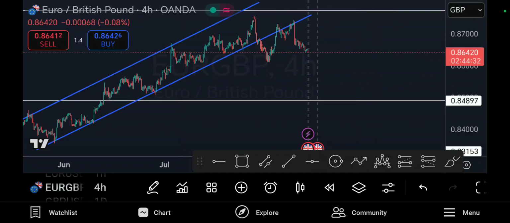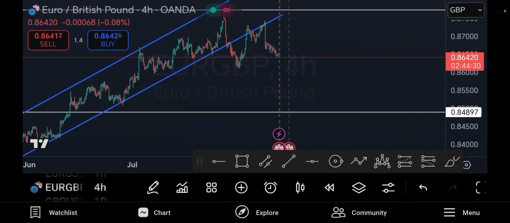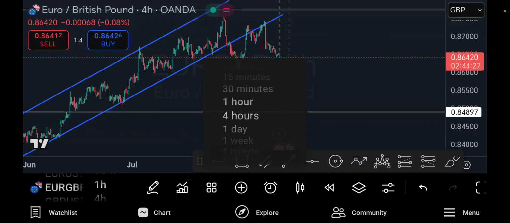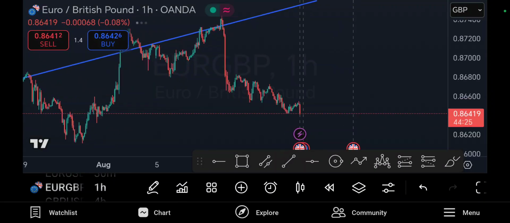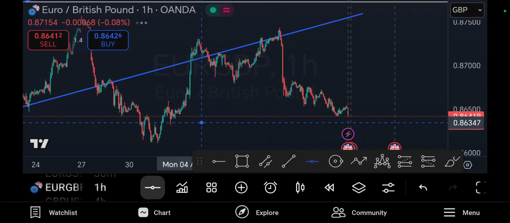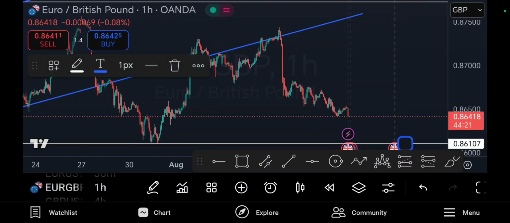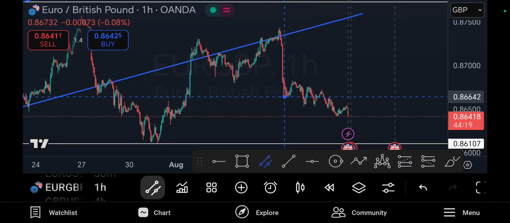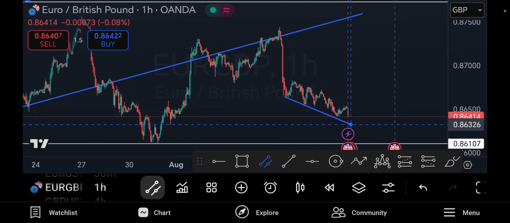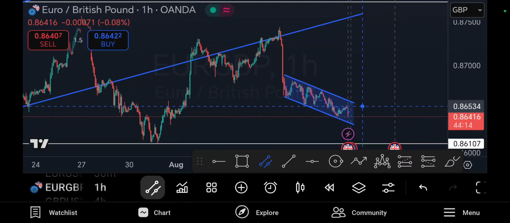So looking at Euro GBP, we can push to the 1 hour because I'm seeing something there. We can mark out maybe this area here. We can have this channel marked out like that.